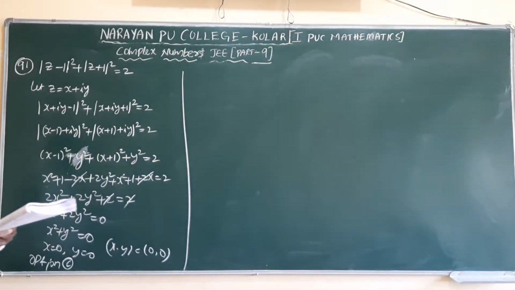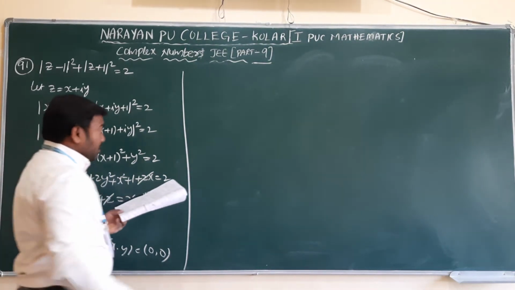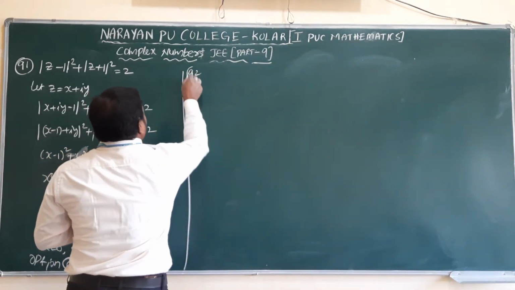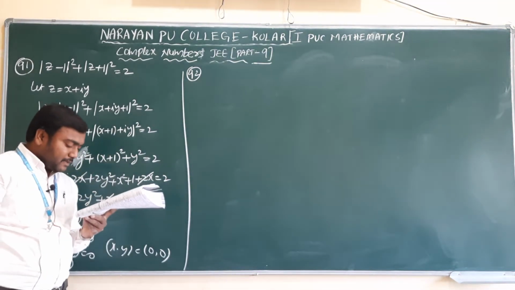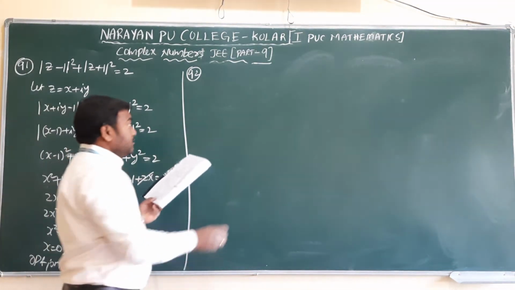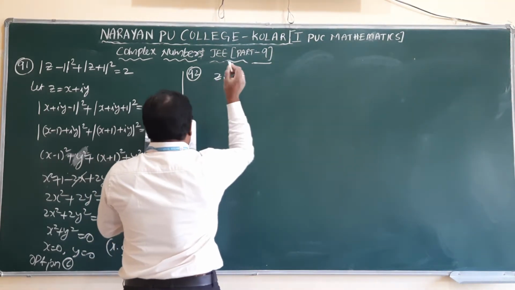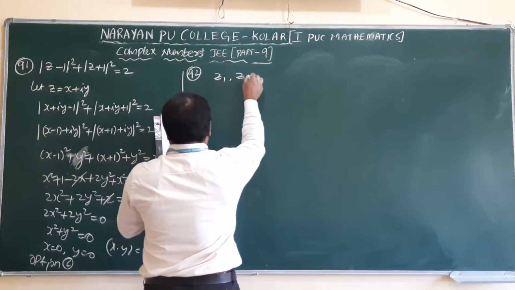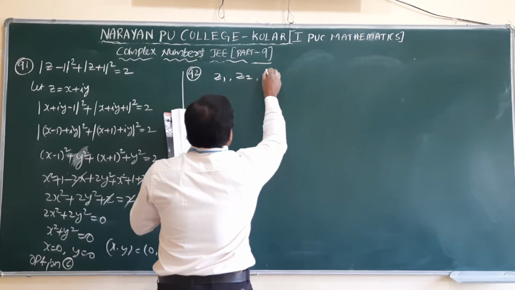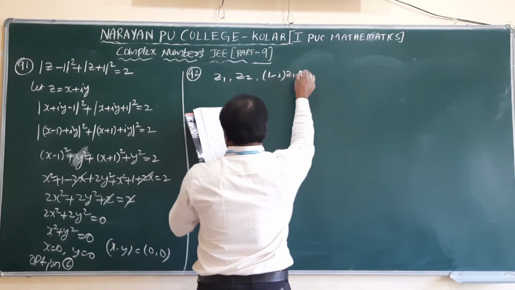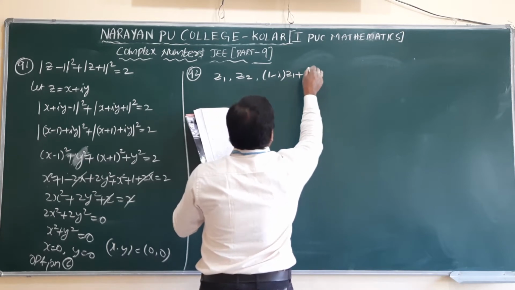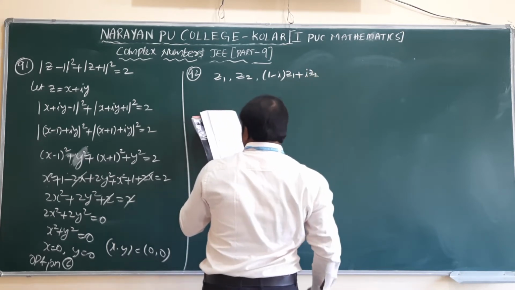Next question, question number 92. The triangle with vertices at the points z1, z2, 1 minus i into z1 plus iz2 is what?